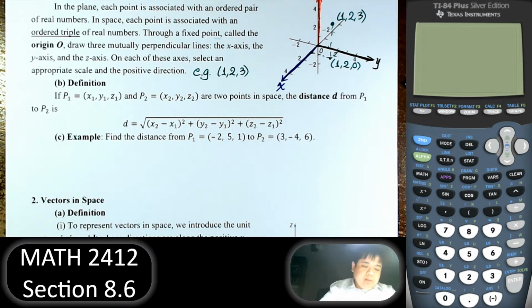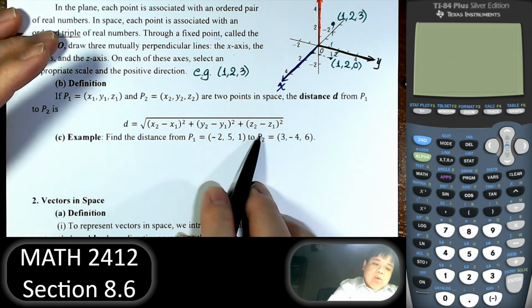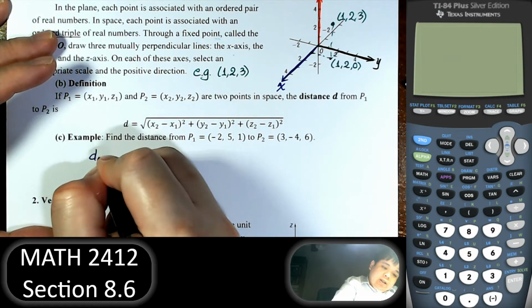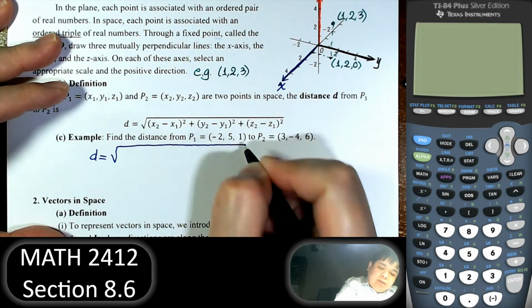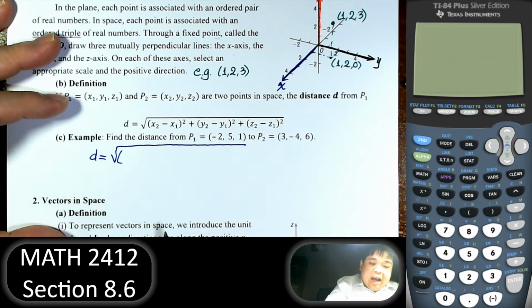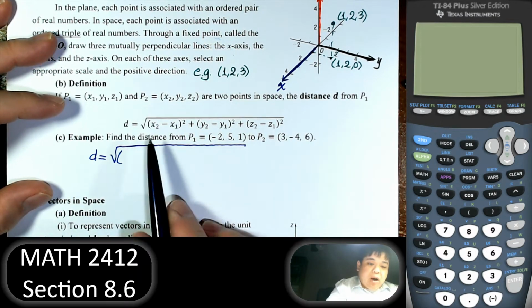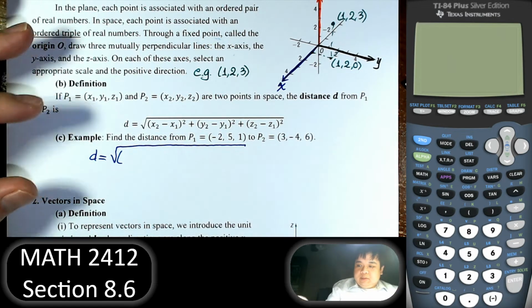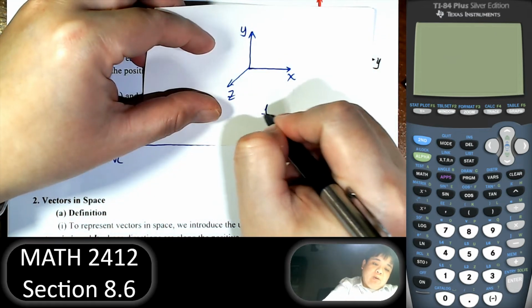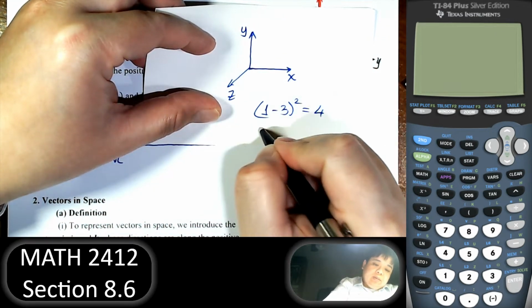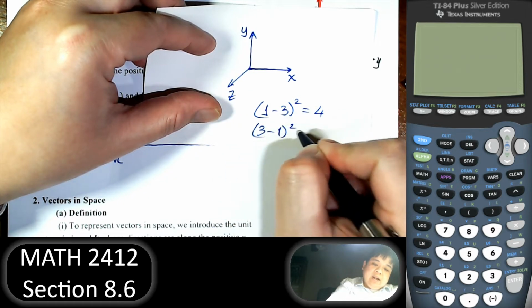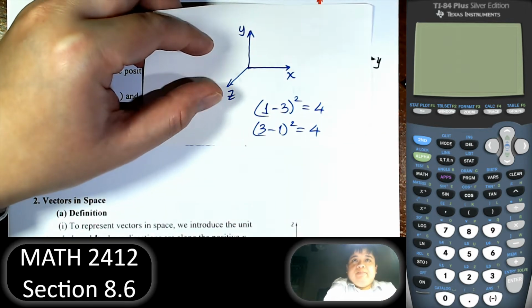Right. So if you want to find the distance between the 2 points, you have the square root of the x minus the x's. It doesn't matter which one minus which, because for example, if we have 1 minus 3 squared, that is 2 squared, or 3 minus 1 squared, that is also 2 squared.